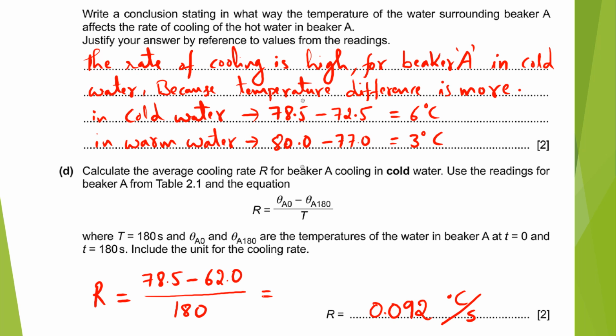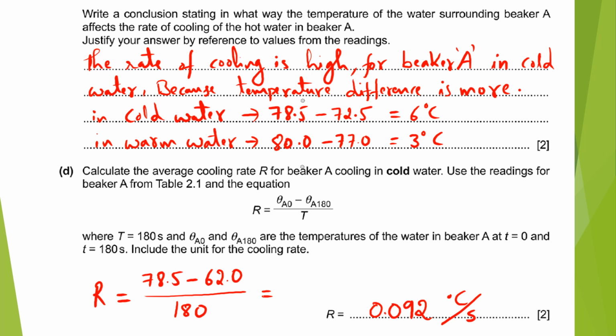So once again, if you observe the values in the table, 78.5, 72.5, 80.0, 77.0, sometimes we may doubt why I should write 0 after the decimal. It is to make it 3 significant figures. So our R answer in part D also should be 3 significant figures, so 0.092 degrees Celsius per second.